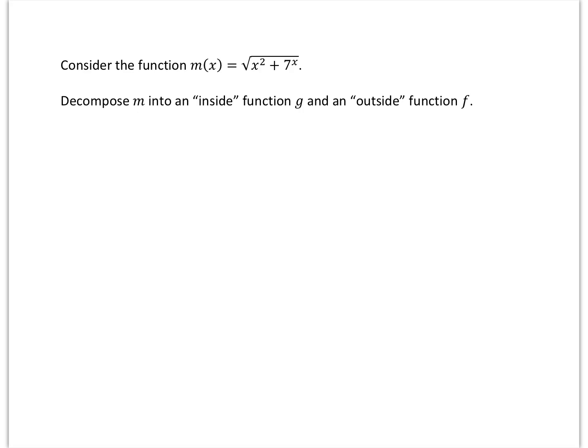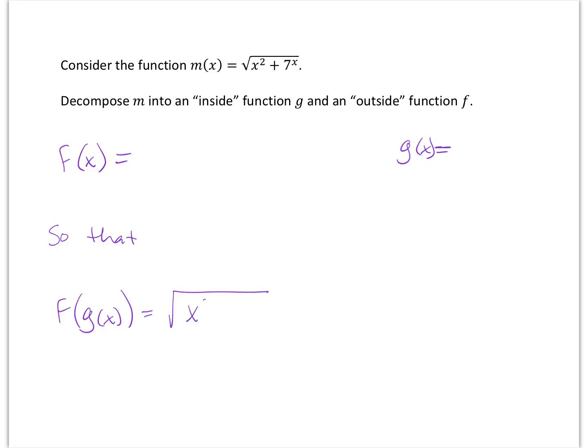Now I want to look at a function m of x, which is the square root of x squared plus 7 to the x, and I want to decompose it into an inside function g and an outside function f. So I'm trying to rewrite this as f of x is a function and g of x is a function, so that f of g of x is the square root of x squared plus 7 to the x.